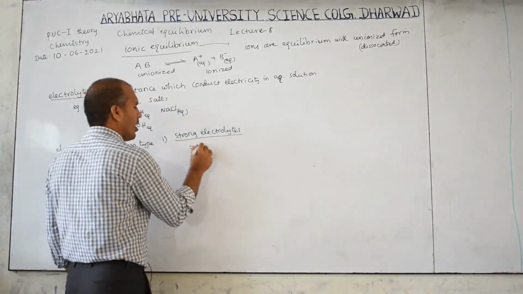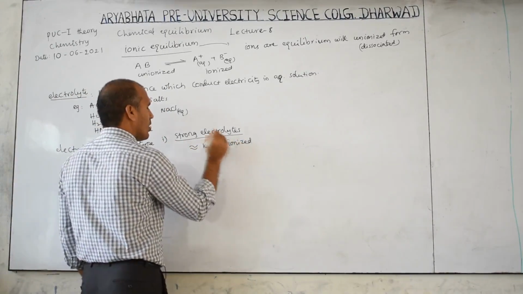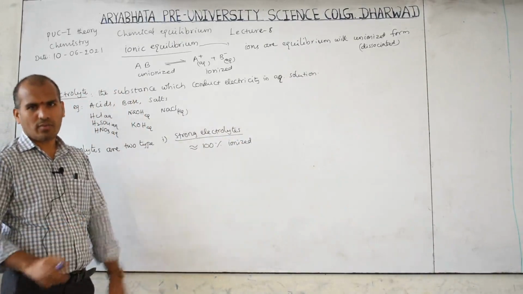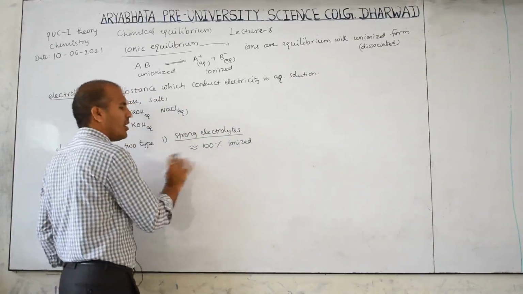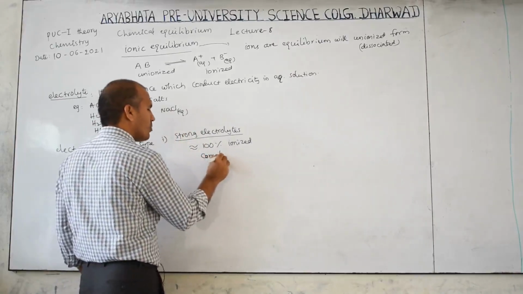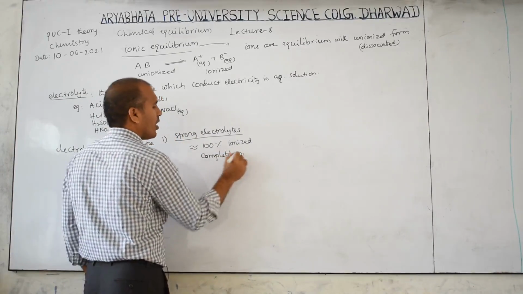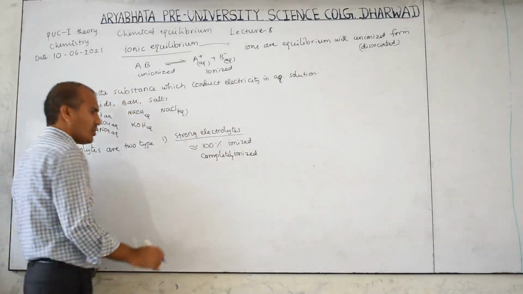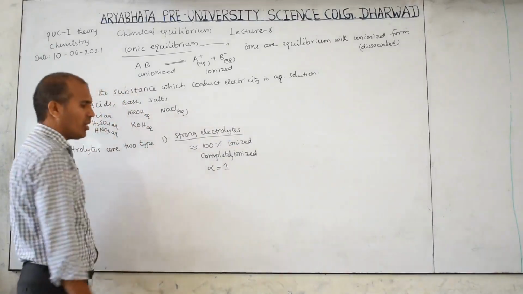Nearly 100% ionized or dissociated. We have to consider this as completely ionized, not exactly 100%, nearly 100% ionized. So this is called complete ionization or completely ionized, and their alpha value we call 1.